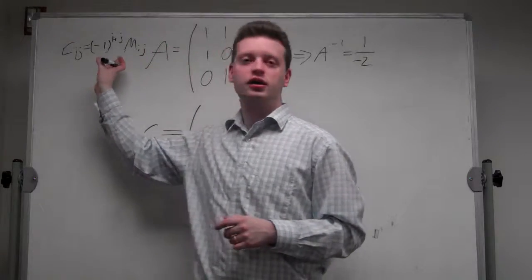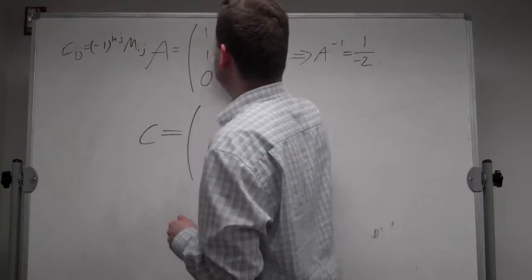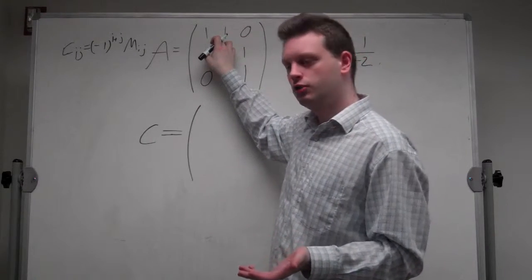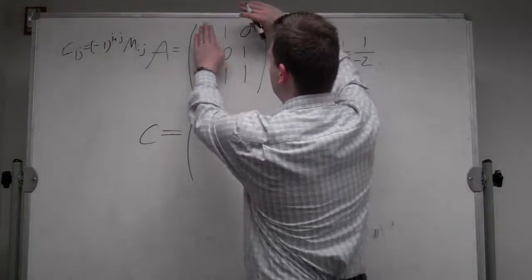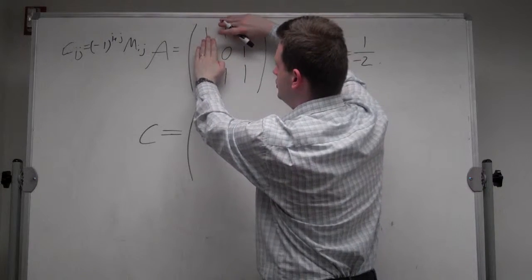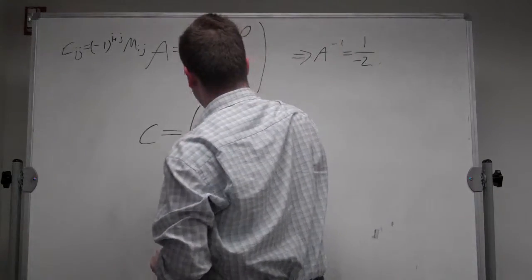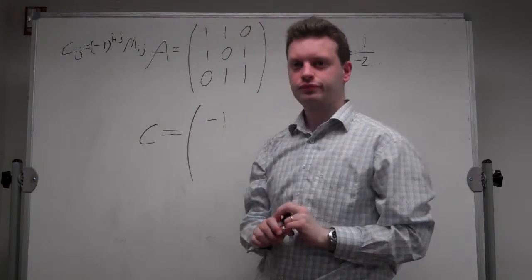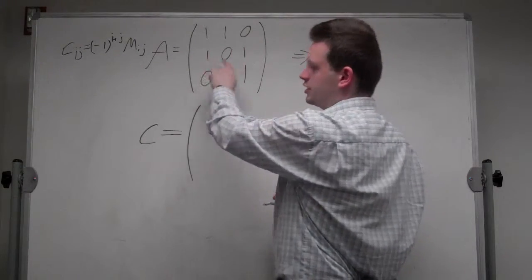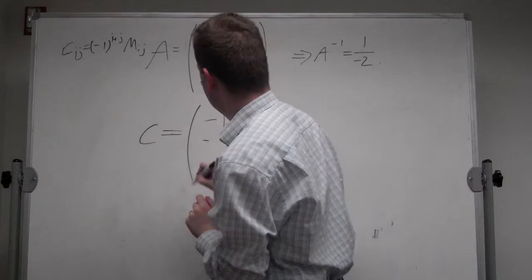Again, we apply this formula. We start with the first element, which has index 1, 1, that sums to 2, an even number, and we delete the first column and the first row, and we're left with this matrix here, which has a determinant of minus 1. Now we do the same with this element here, which has index 2 and 1, so there's a minus sign.